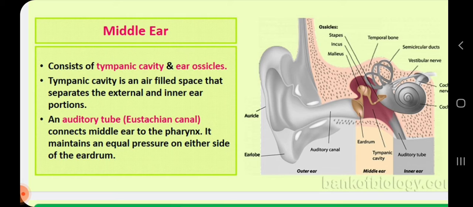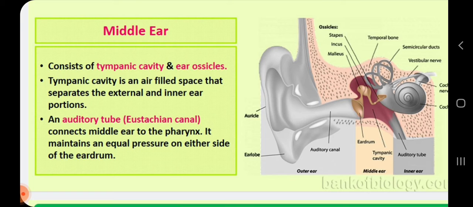You can observe in the diagram what is shown in maroon color. That is the tympanic cavity, and one more part is the ear ossicles. Soon after the eardrum, you can observe what is shown in golden color.